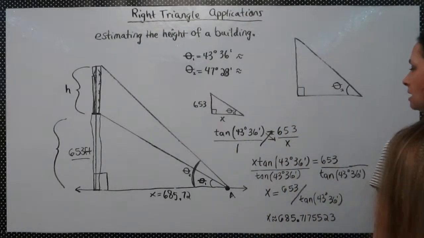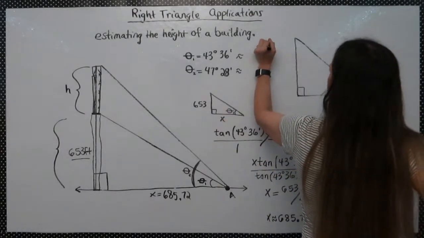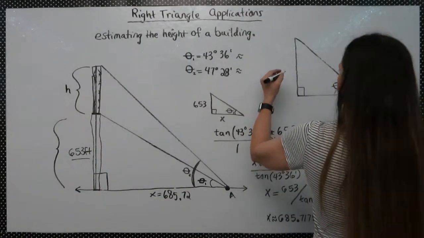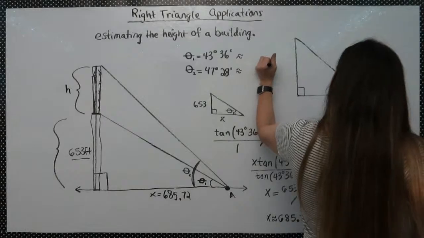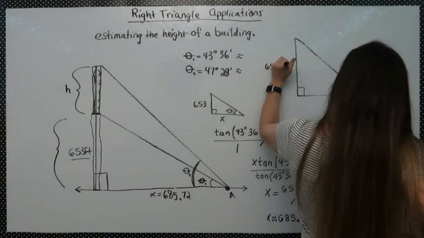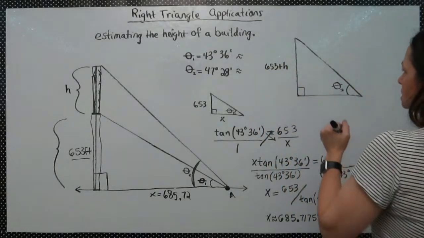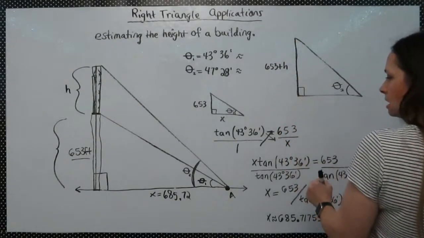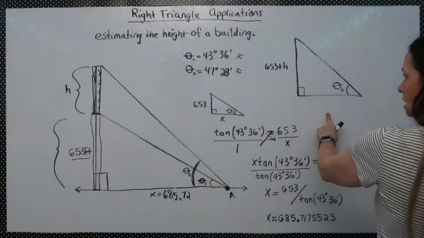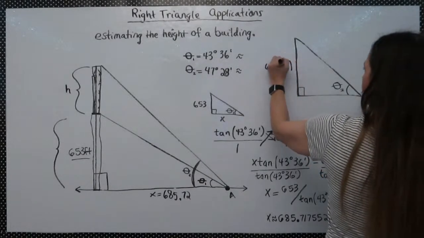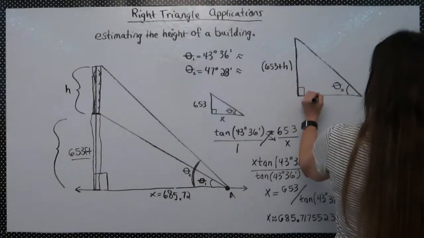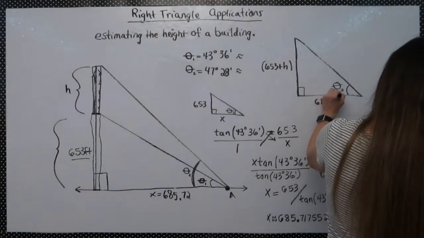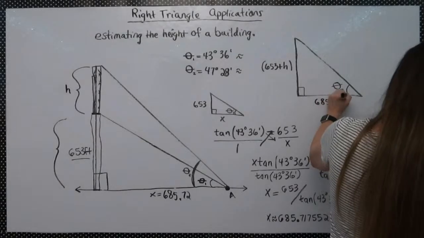And I'm going to say that this is 653 plus h. This entire distance here. And then we're going to say that this distance here is 685.72.